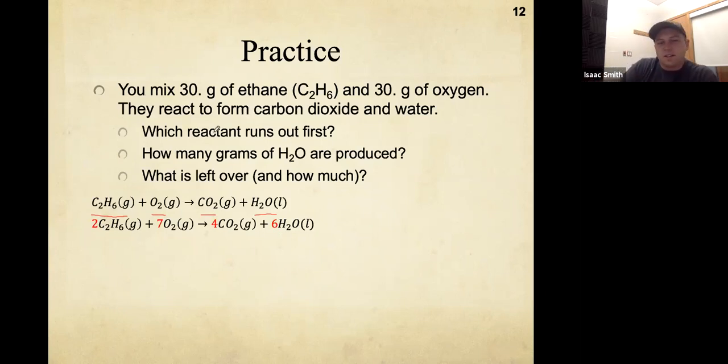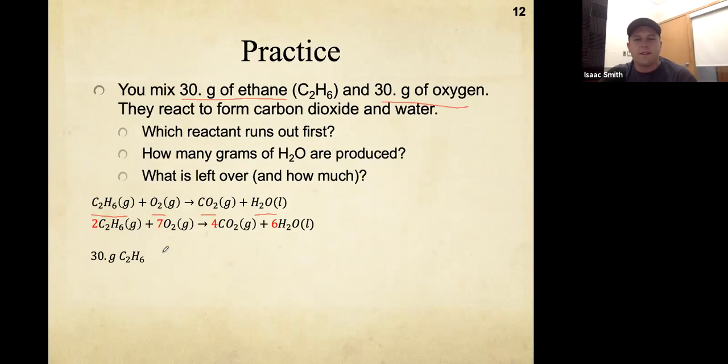Since this is asking which runs out first, if a question asks which runs out first or what's the limiting reagent or anything like that, you know you're going to have to do at least 2 mass calculations. So we're going to do one with ethane and one with oxygen. You do it with each of the reactants in the chemical reaction. So let's go ahead and do that.